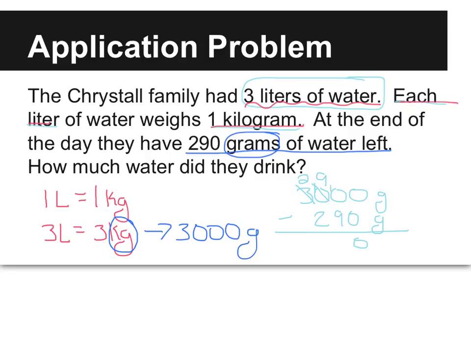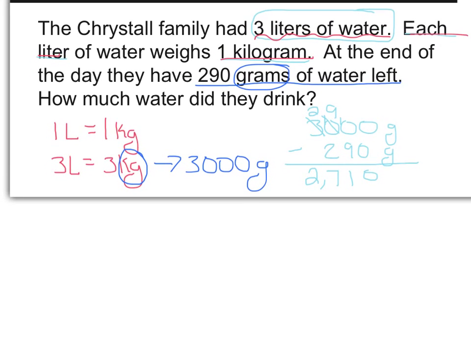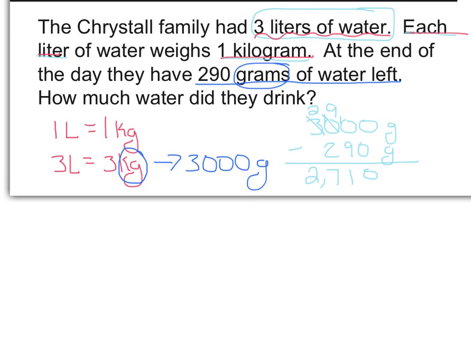Borrow 10. 10 minus 9 is 1. 9 minus 2 is 7. And then we get a 2. So this tells me that the Crystal family drank, how much did they drink is the question. The Crystal family drank 2,710 grams.